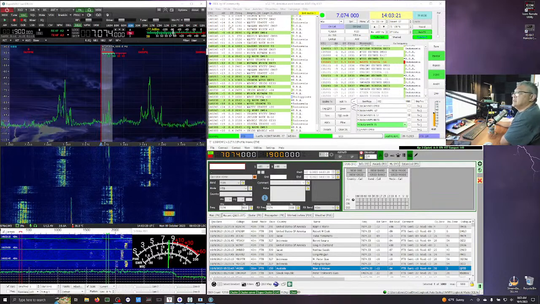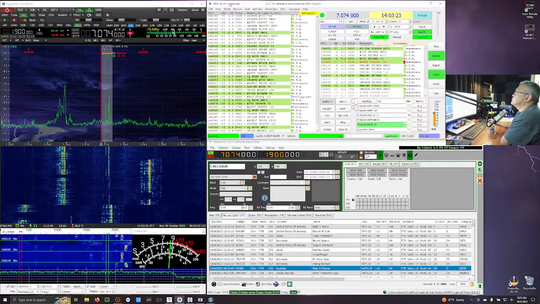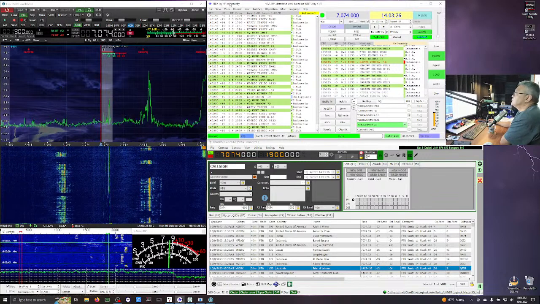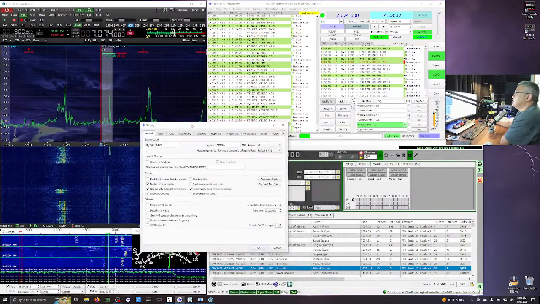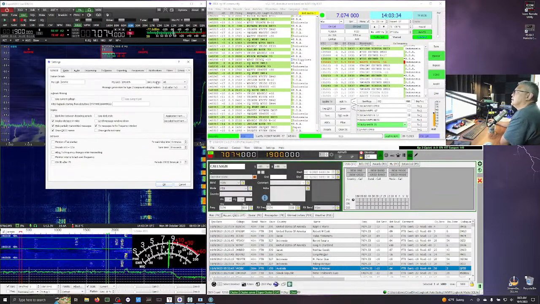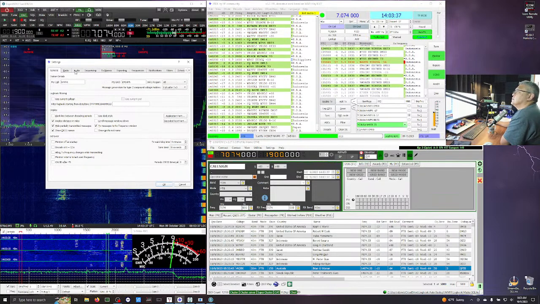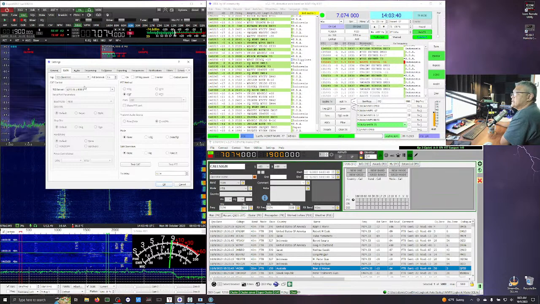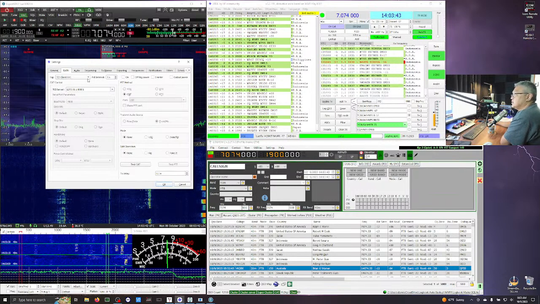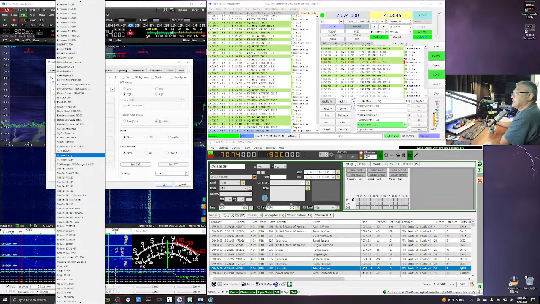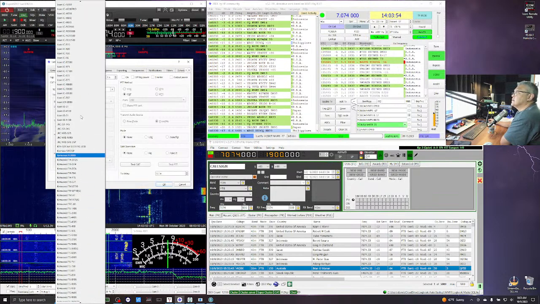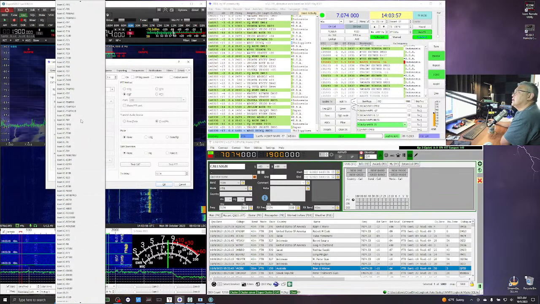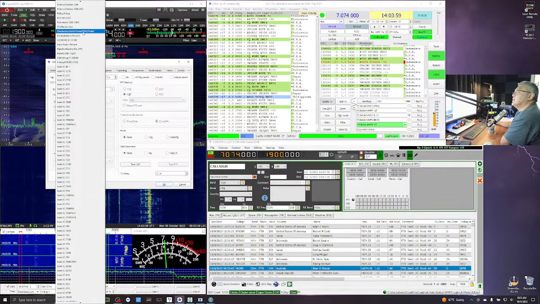All right, so under the JTDX, go to File, go to Settings, and then here are the settings for it. Go to Radios. This is how I connect to my SunSDR. You go to the drop down, and then you look for TCI client. That's how you get it to work. And if you scroll up on JTDX, there is a place for the Anan and Flex radios right here.